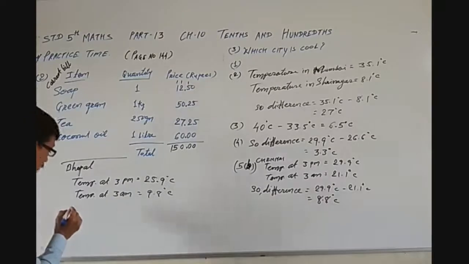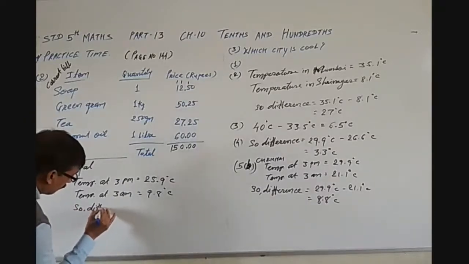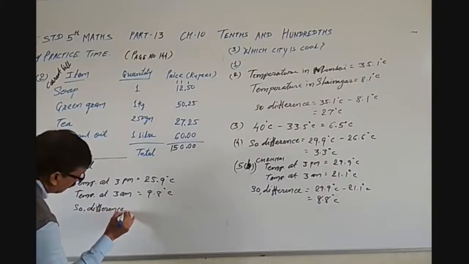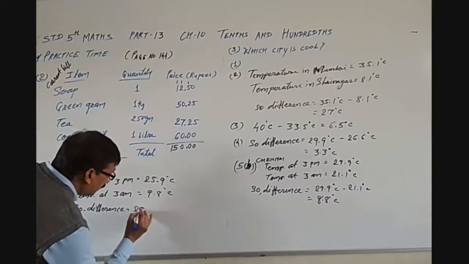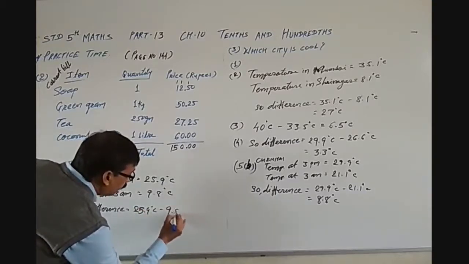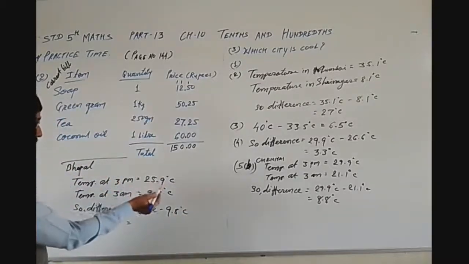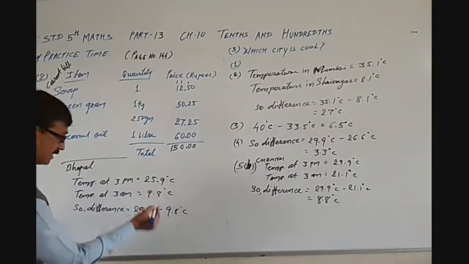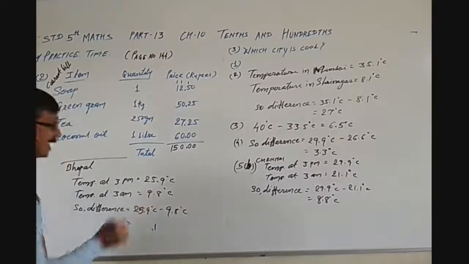So difference is equal to 25.9 degrees Celsius minus 9.8 degrees Celsius. Now you may deduct from here. 9 minus 8 is equal to 1. Then decimal point. 5 minus 9, not possible.